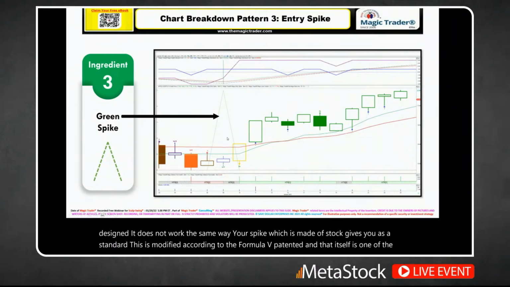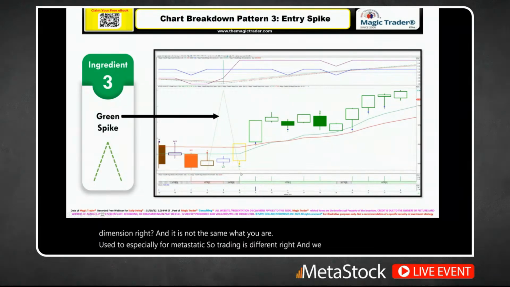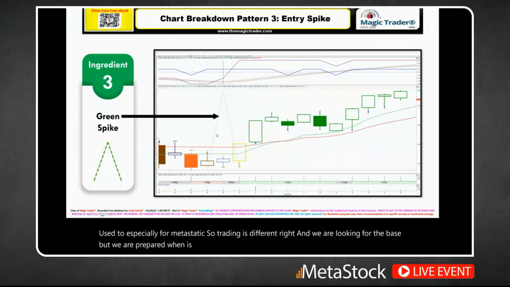And it is not the same as what you are used to, especially from MetaStock. So trading is different, right? And we are looking for the base, what we are prepared for when it's halfway forming. And that is also a good thing to scan earlier. So I am ahead of the game. So that's what the functionality is.